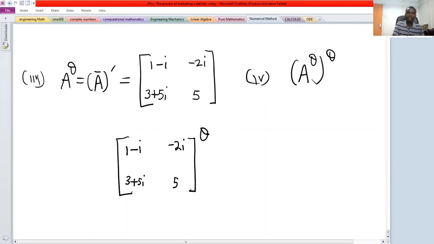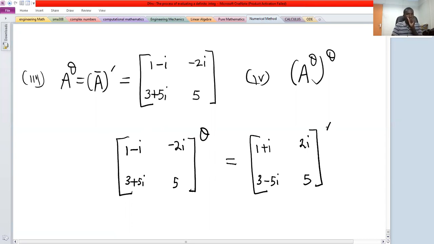So we evaluate this quantity, which requires us to find the conjugate of this matrix and then find its transpose. The conjugate of this is 1 plus i, and then 2i, 3 minus 5i, 5, and then we get the transpose of that matrix.